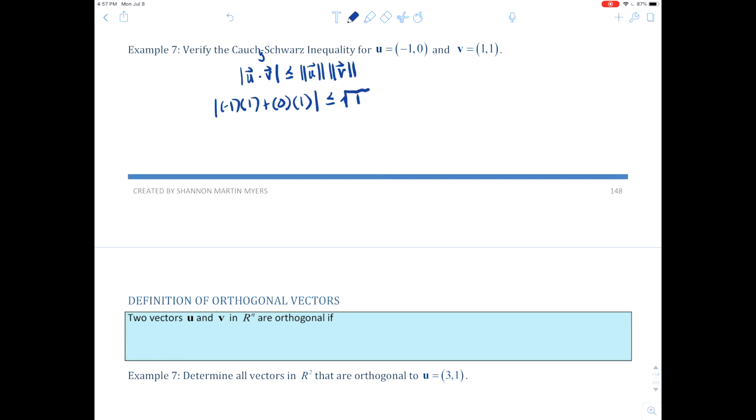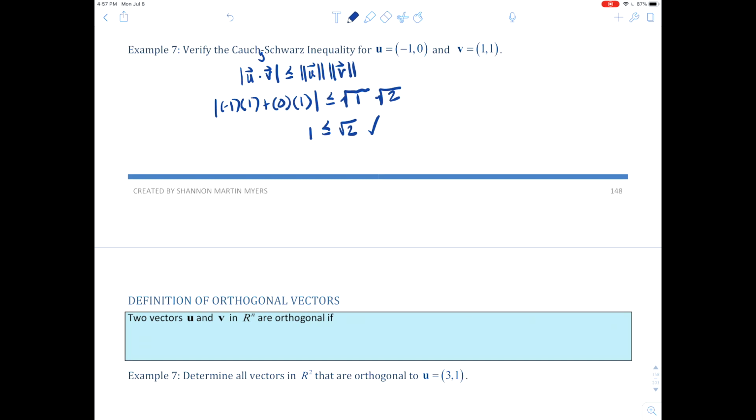And then the magnitude of V is going to be the square root of 2. So let's see what we get. This would be -1 plus 0 is -1. The absolute value of -1 is 1. And is this true that 1 is less than or equal to root 2? Yes. So it's verified. Cool?